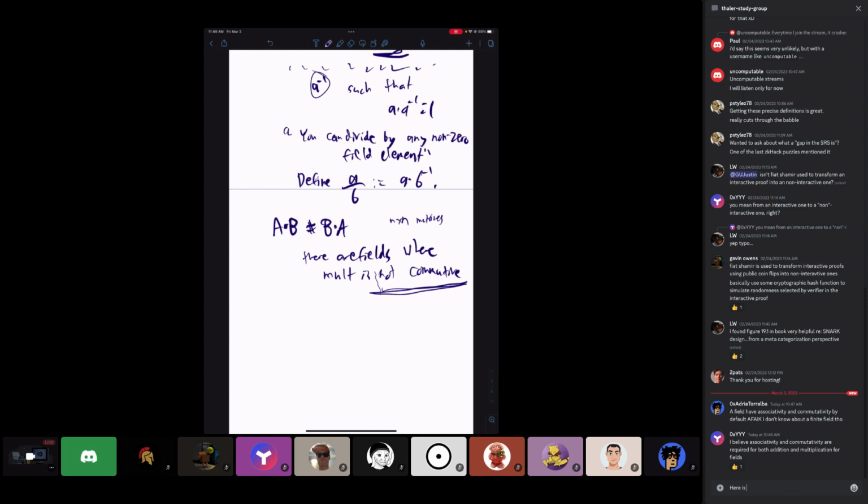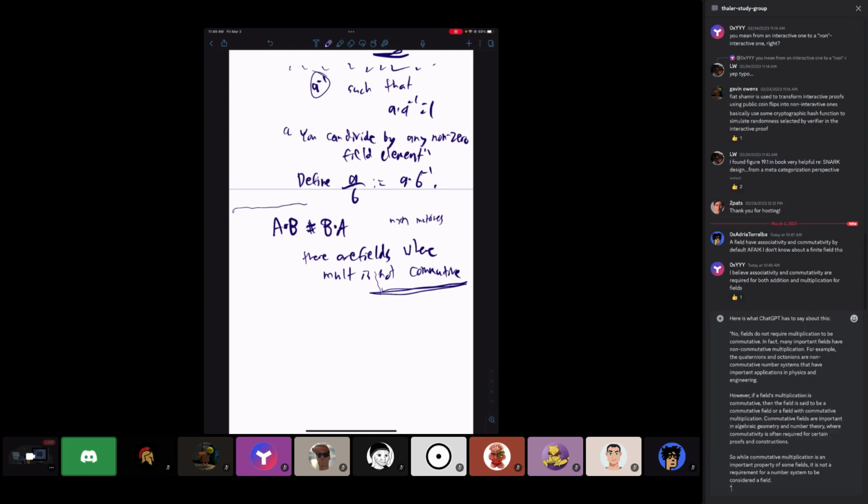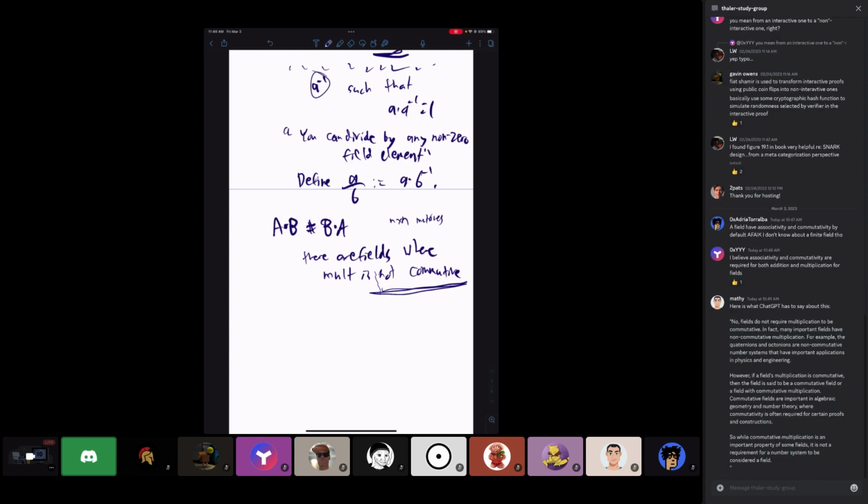Certainly the prime fields, which are the most important, are both associative and commutative, which is why I happily forgot everything I used to know from abstract algebra, since the objects that we work with in SNARK design are pretty simple in the scheme of all possible algebraic objects out there.